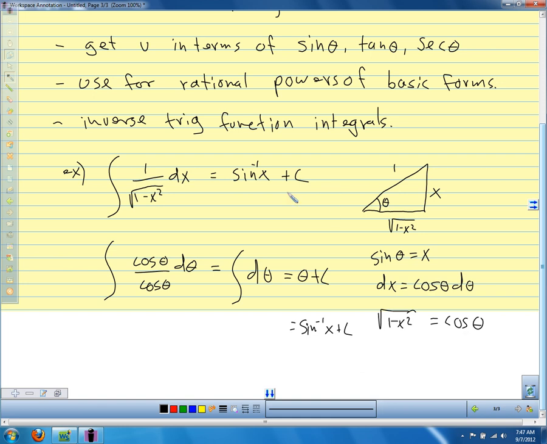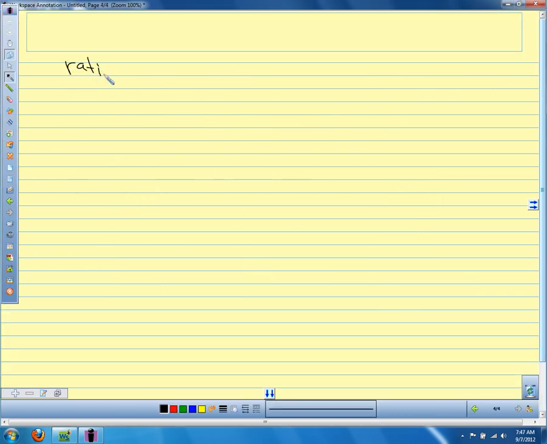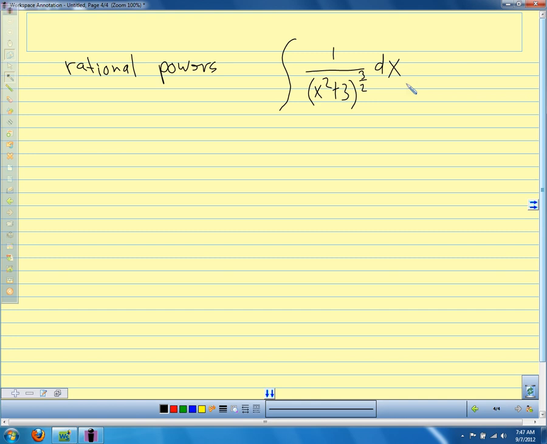Rational powers. I'm not going to go all the way through some examples. I just wanted to illustrate a couple of things. So for rational powers, what I meant is if we had something like the integral of 1 over x squared plus 3 to the 3 halves dx, I'm going to rewrite that as the integral of 1 over square root of x squared plus 3 to the 3rd dx.